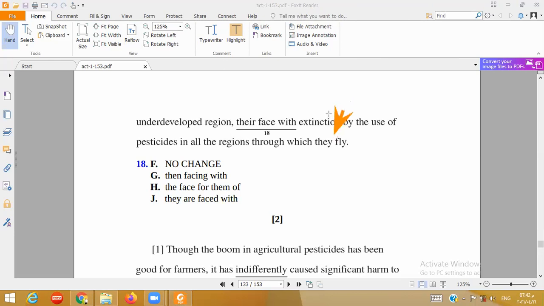Yeah, exactly. Extinction means to disappear, or not exist anymore, like dinosaurs.